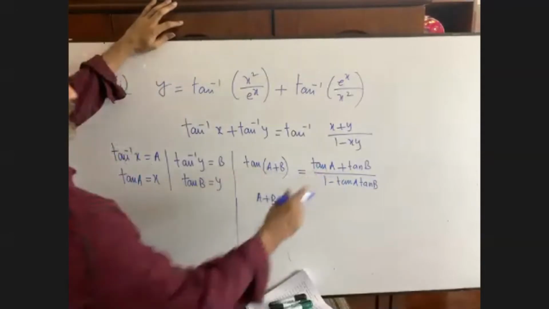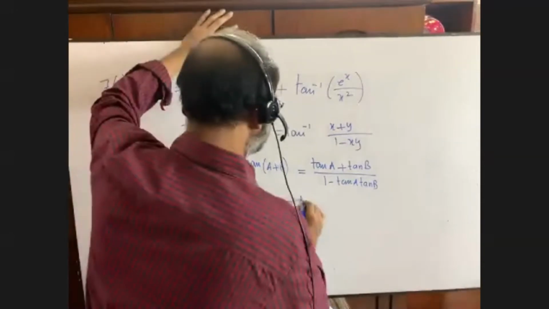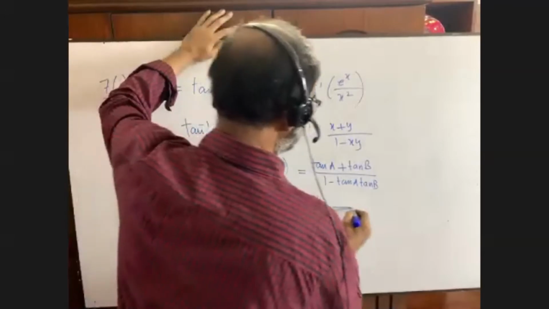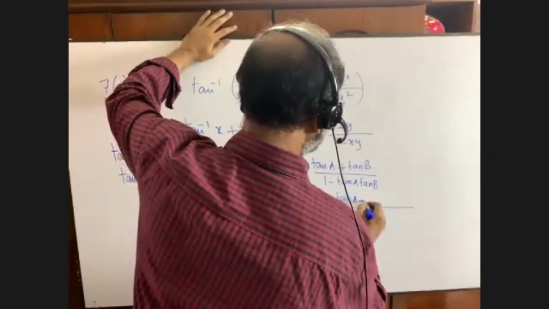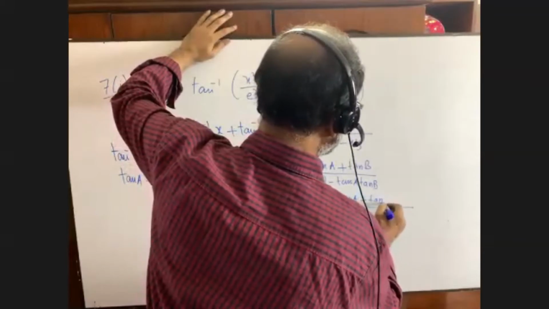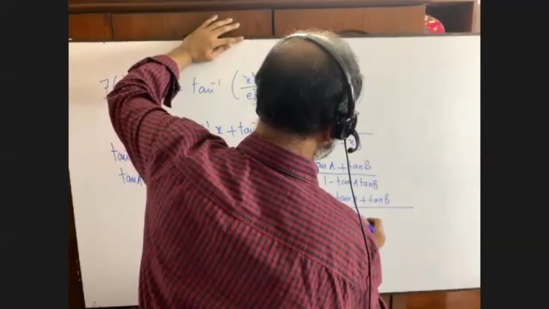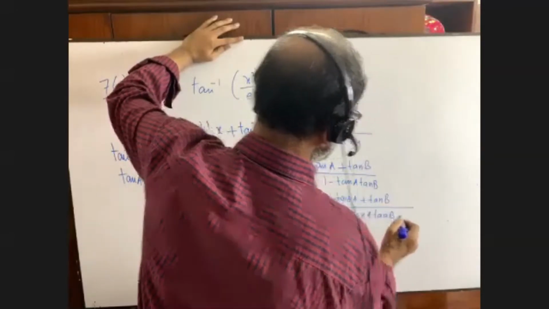This tan will be taken to the right hand side. So we'll get tan inverse of tan A plus tan B by 1 minus tan A tan B. Can you write down? Talk to me.